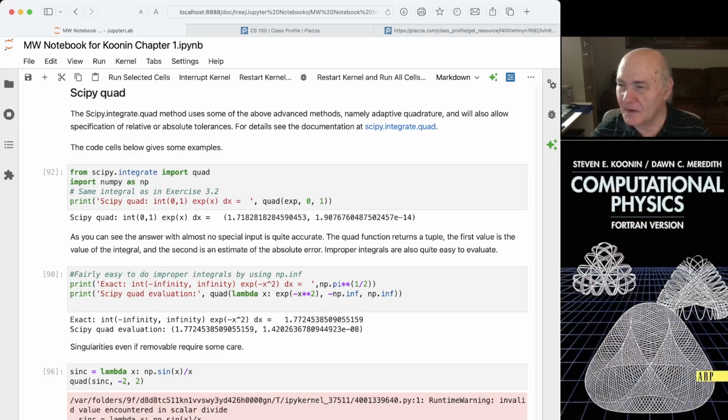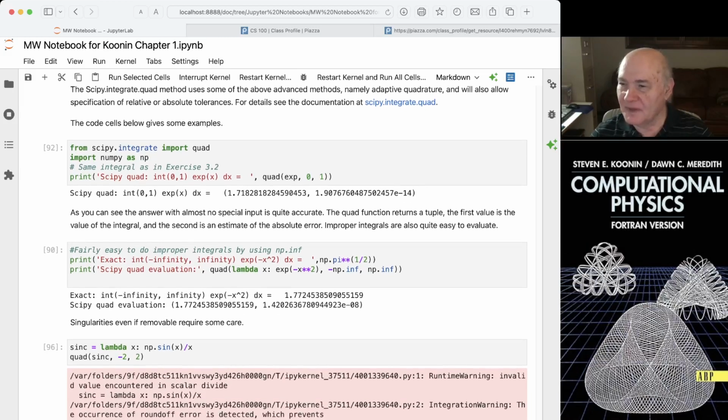The actual function name is scipy.integrate.quad. Here I just imported it as quad, so I can use quad. I have a bunch of examples, but just to show you, the code is very simple.